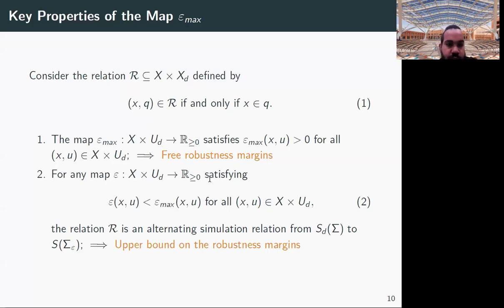The second property is that for any map that is lower than our maximal robustness margin, for any state and input, the relation R is an alternating simulation relation between the discrete abstraction and the continuous perturbed system. So this gives an upper bound on the robustness margin: if we are working with perturbations less than the maximal perturbation, we guarantee that the alternating simulation relation is conserved.